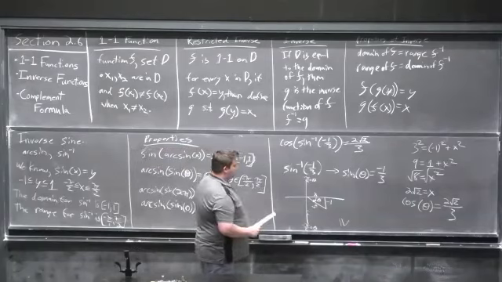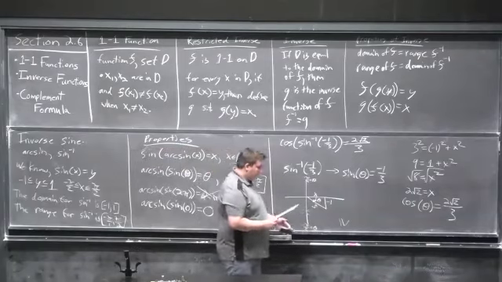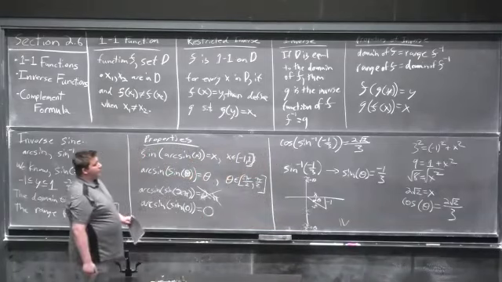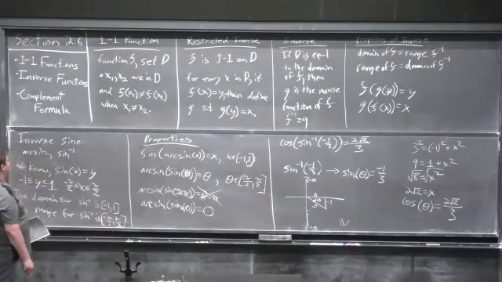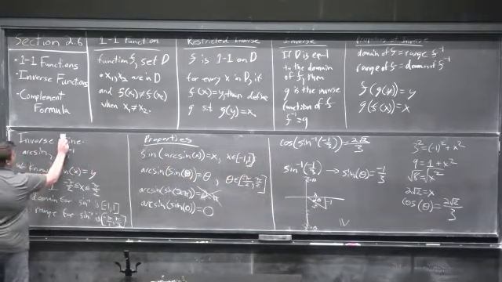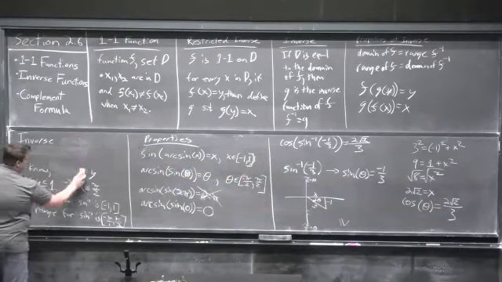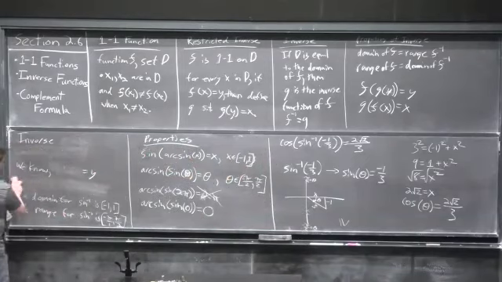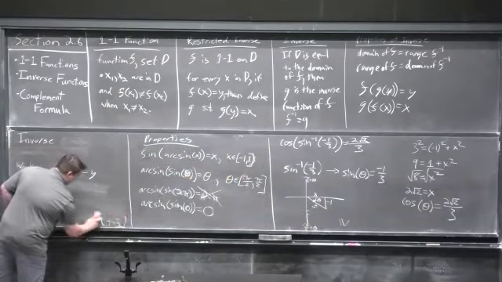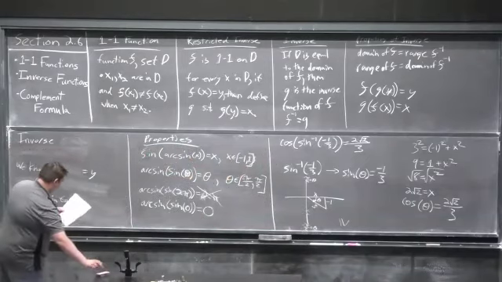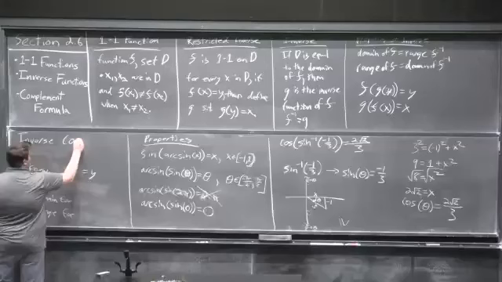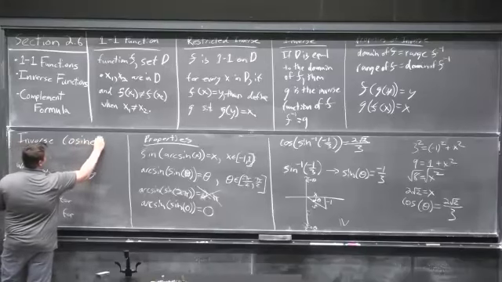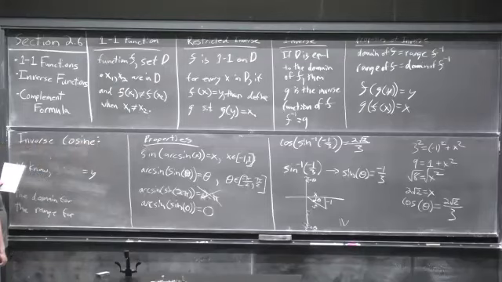Now we could introduce inverse cosine. And it will run much of the same way. So let's erase this and see what we have for this function. Inverse cosine, we can denote this as arc cosine.